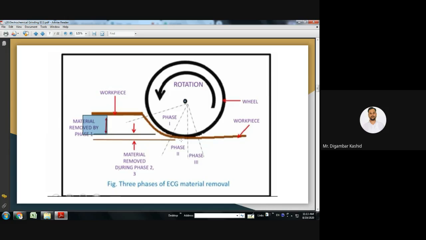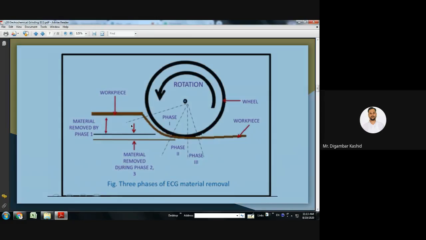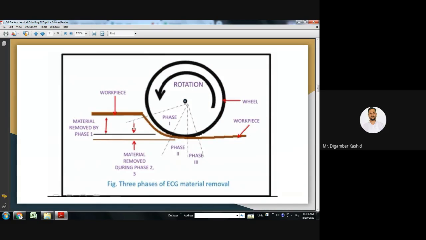Then you can see the second phase, that means here. Material is removed during phase 2. Here I have shown this one.